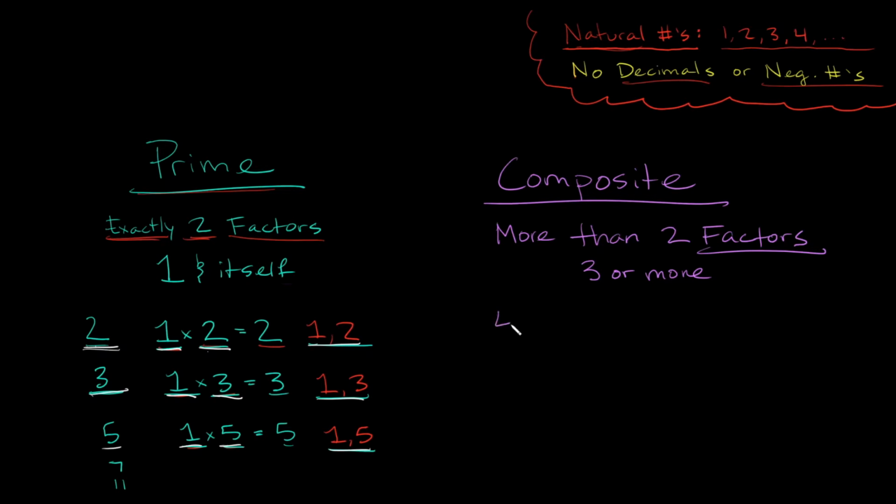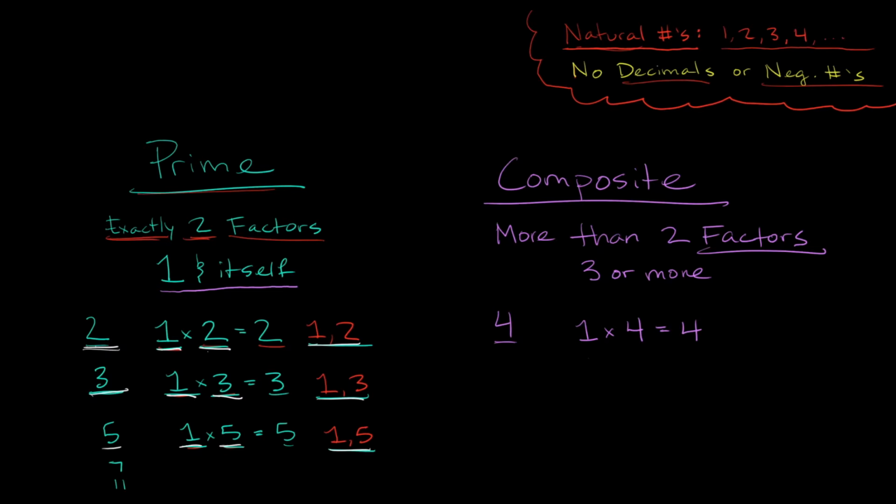The number 4 is composite. Why is the number 4 composite? Well, what numbers can we multiply together to get the number 4? We can always start here: we can always multiply 1 and the number itself. That will give us 4. But what other numbers can we multiply together to get 4?